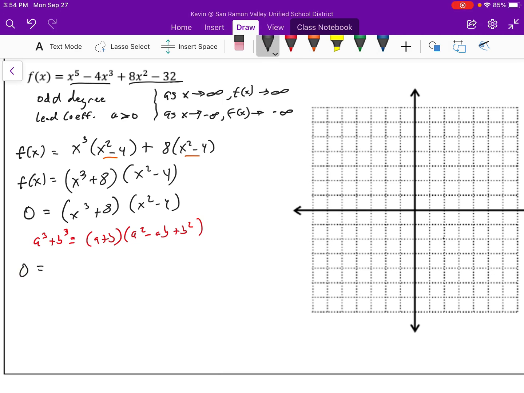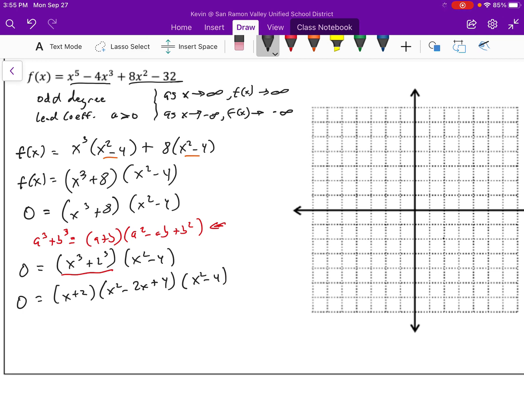Well, if we go back up here, another way to write x cubed plus 8 is x cubed plus 2 cubed. So we can use this rule right here to rewrite this factor. That's going to be x plus 2, x squared minus 2x plus 4. And then I have this x squared minus 4.